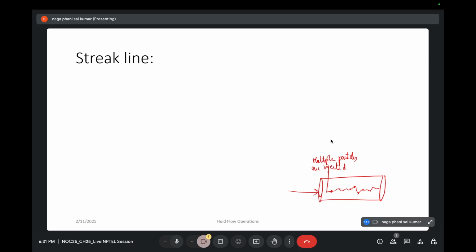So these points represent multiple particles at a particular snapshot, or positions of different particles.